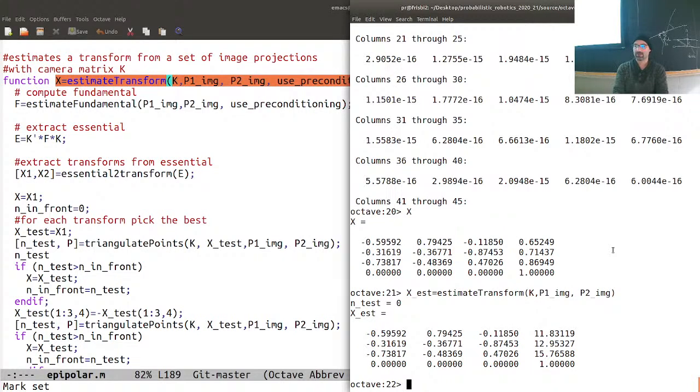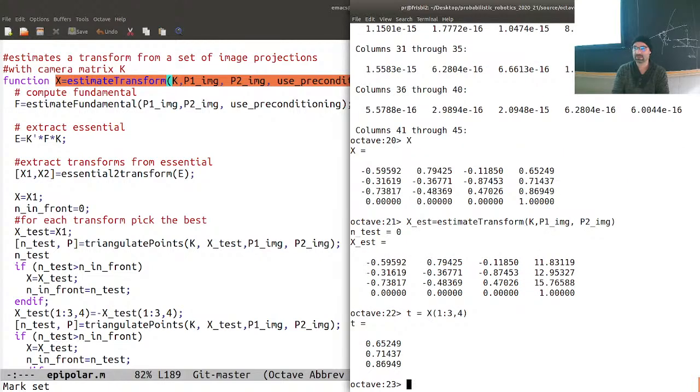Okay? So what I'm going to do now is to calculate the t, which is equal to x, 1, 3, 4.